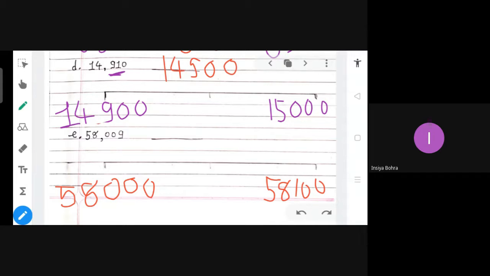Speak loudly, whoever is speaking. Ma'am, can I say? Okay, two students know. Three students. Okay, one student knows the answer.